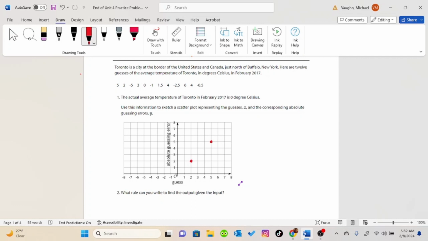Then we have -5, and -5 is 5 away from 0. 3 is 3 away from 0. 0 is the correct guess, so that point is at the origin. -1 is 1 away from 0. 1.5 is 1.5 away from 0. 4 is 4 away from 0.